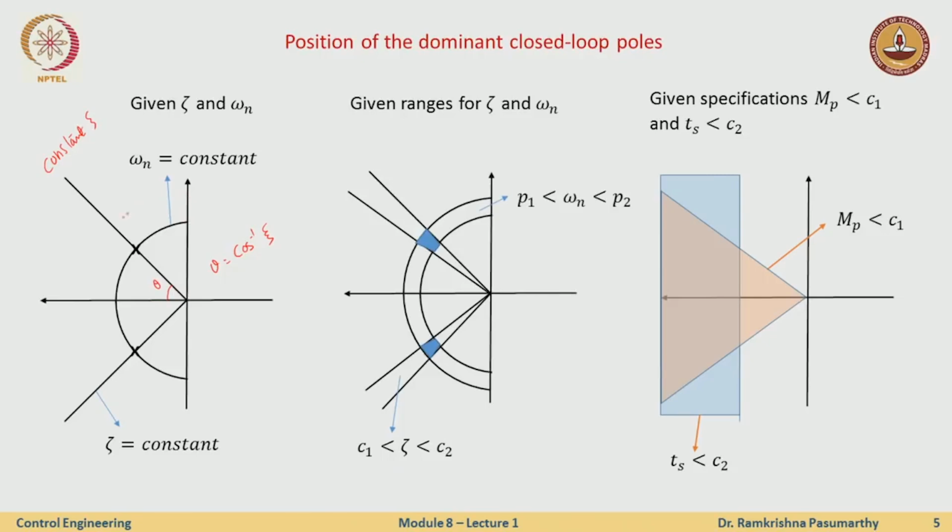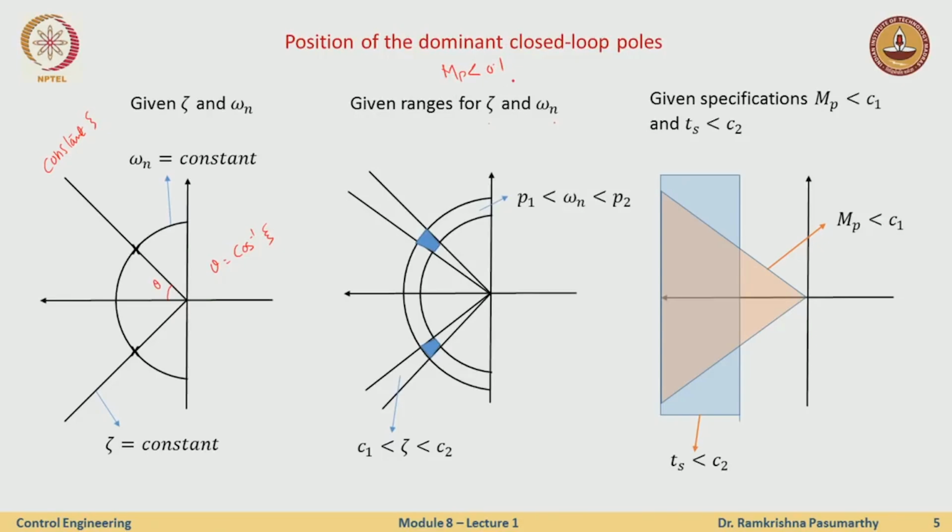For different frequencies, I have semicircles here or here and so on, and we had seen this in one of our earlier lectures. If I am given a certain range of zeta and omega n, say my performance specification is that the peak overshoot be less than 0.1 or 10%, that will give me a little range of values, right?